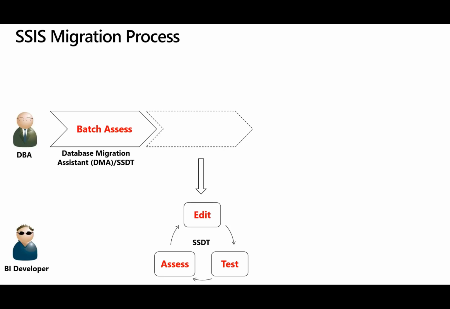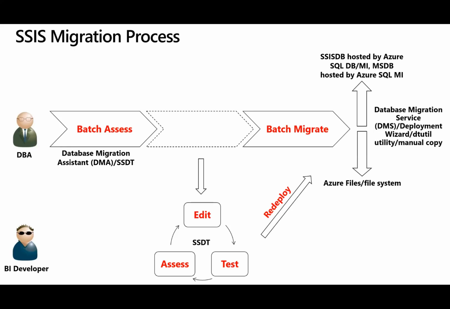You just need to make sure what parameter needs to be assigned what value, or what properties need to be overridden with property override to make sure that it runs in the cloud. So there's a cycle of edit, test, assess, edit, test, assess by the BI developer to make sure that all the packages can run. Once you're sure that all the packages have the correct values to run in the cloud at runtime, then you do a batch migration or redeployment.